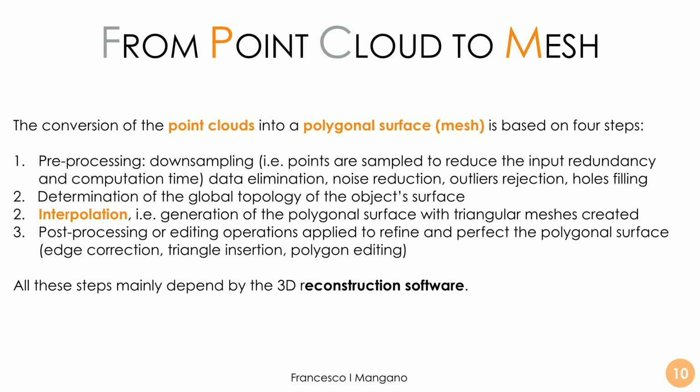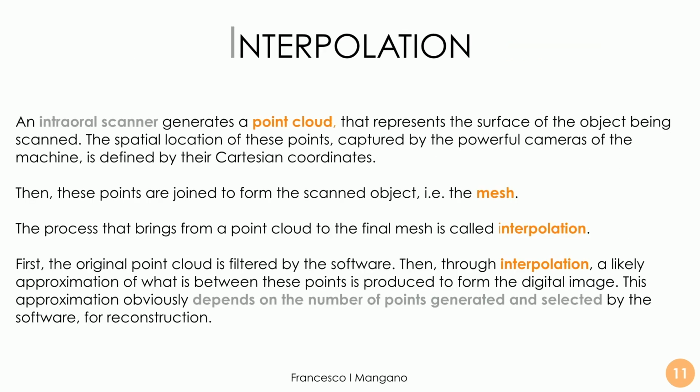And then we have a post-processing. Post-processing is very important because we have a series of editing operations applied to refine and perfect the surface. So edge correction, new triangle insertion, editing, and all these steps are performed only by the software, so they depend on the 3D reconstruction software only, and the interpolation is very important.